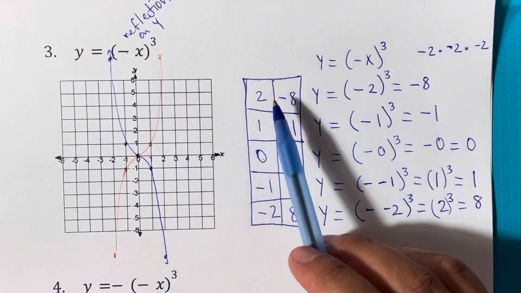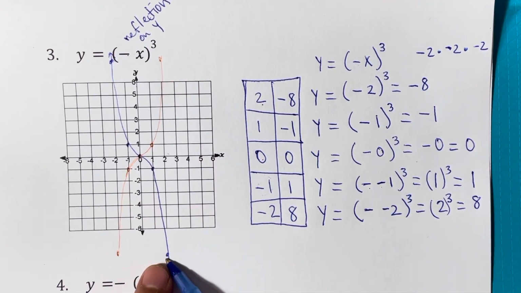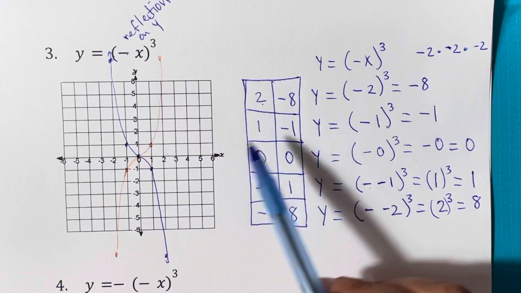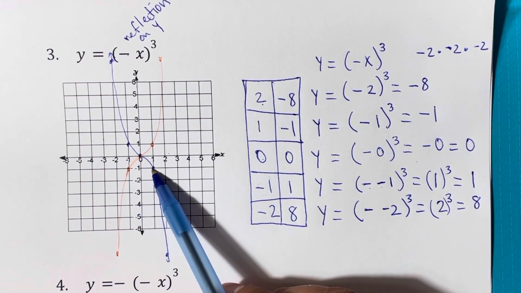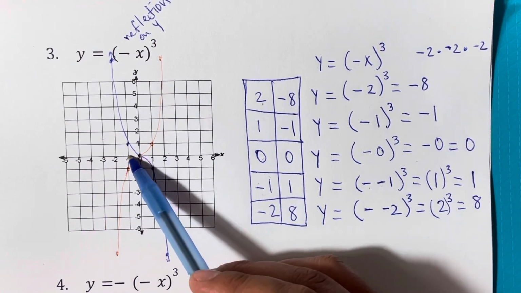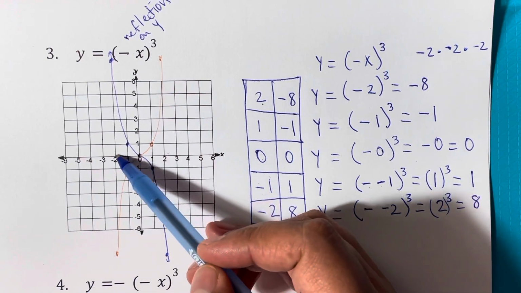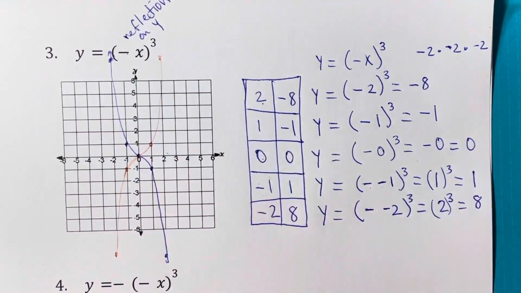And so (2, negative 8) is (2, negative 8). (1, negative 1), positive 1, negative 1, (0, 0) is right there. Negative 1, 1: negative 1 on x, 1 on y, and negative 2, 8: negative 2, positive 8.